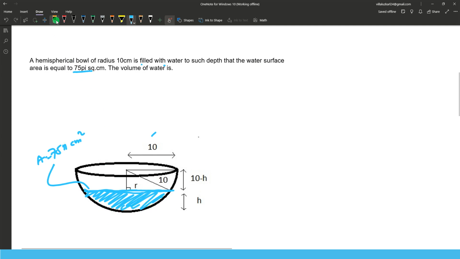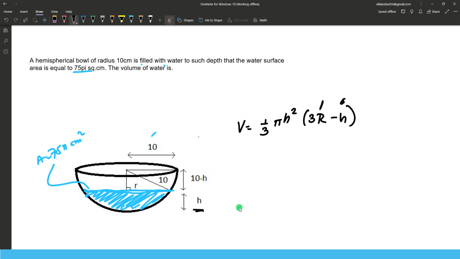For the volume of a spherical segment, this is a spherical segment with one base. The applicable formula is 1/3 pi h squared times (3r minus h). Here r is the radius of the sphere, and h is the altitude of the water, which is this one.